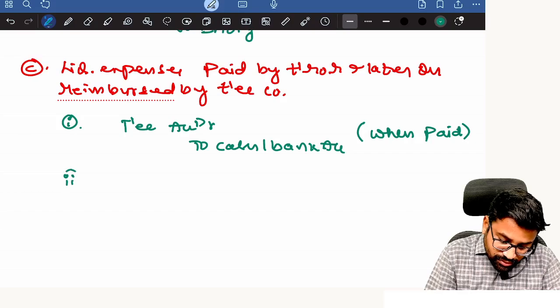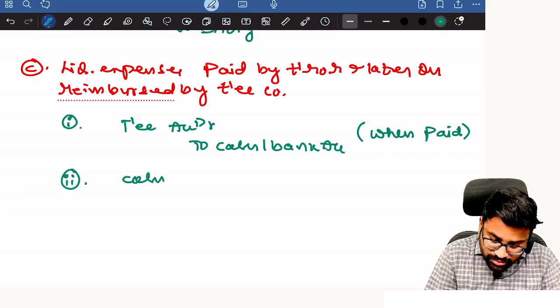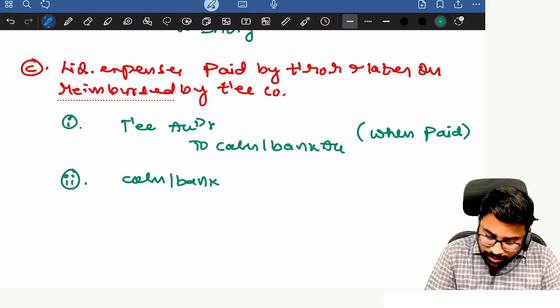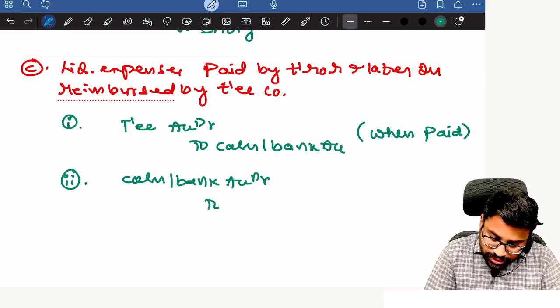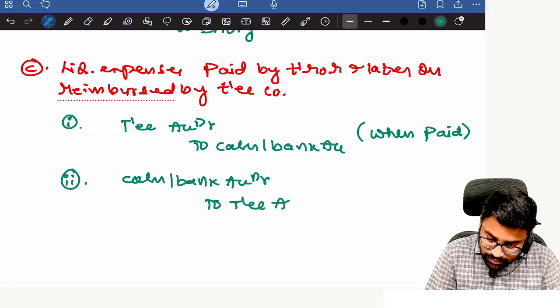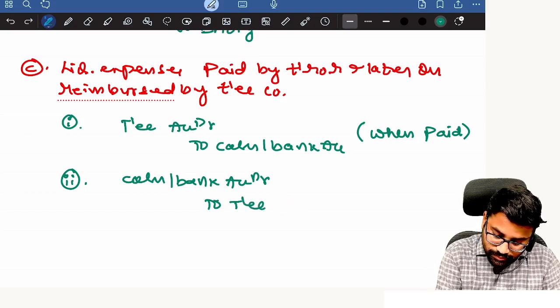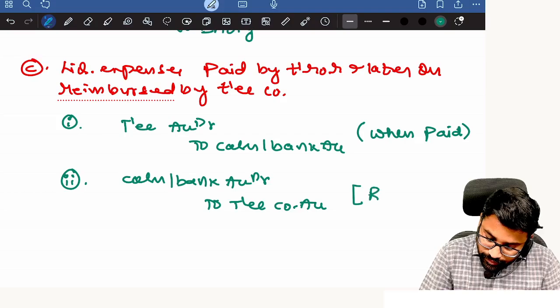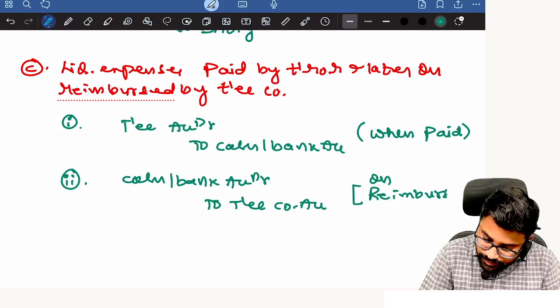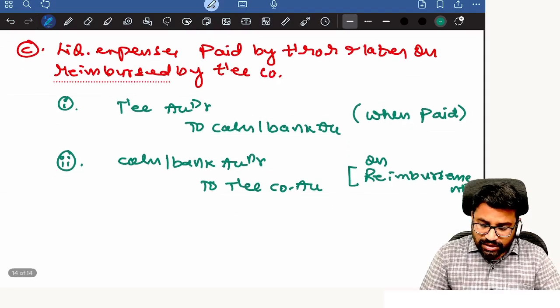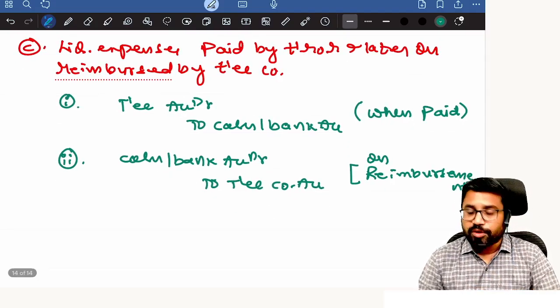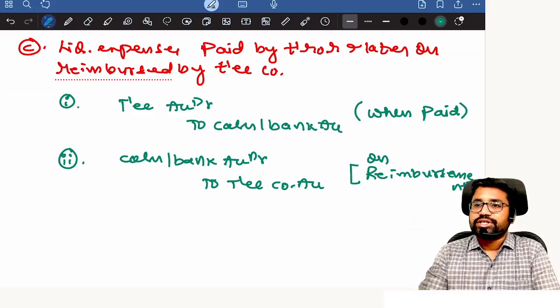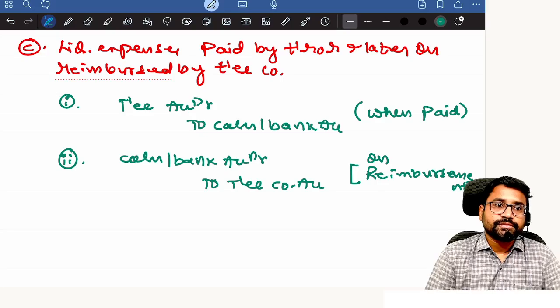Later on, when we receive the amount, cash or bank account debit to transferee company account on reimbursement. Partly we will write per part of the amount, remaining realization to cash or bank. Okay?